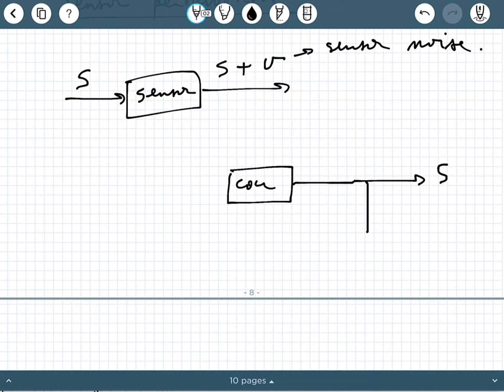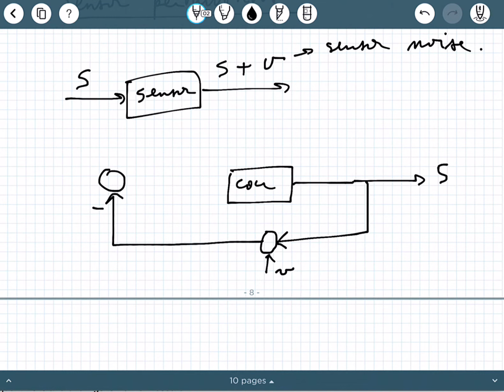What happens is that in the feedback loop, the sensor produces S plus V. Another way of capturing this is to say that what goes into the controller is sensor plus V, okay, and that enters the feedback loop and the comparison with the desired speed SD.